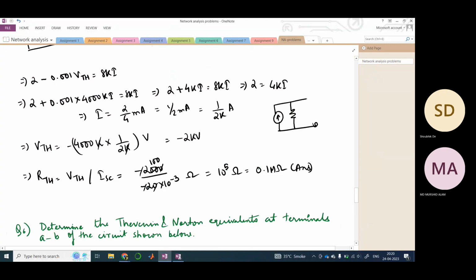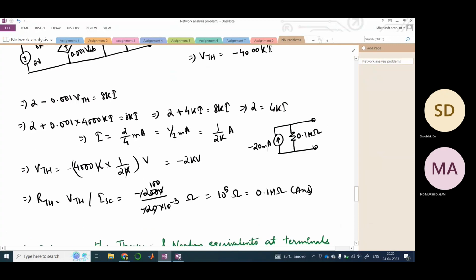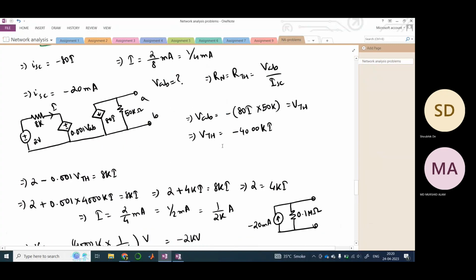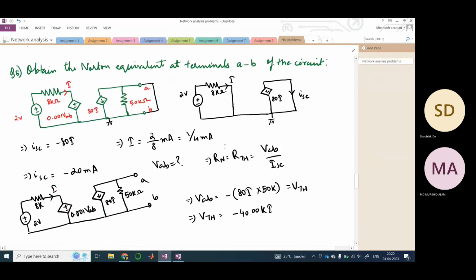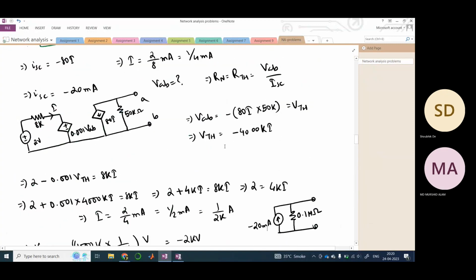This is your 0.1 mega ohm, and this is your minus 20 million. So basically this would be pointing downwards. This is the solution to the problem number 5. I hope this is clear. If you have any doubt, please ask.